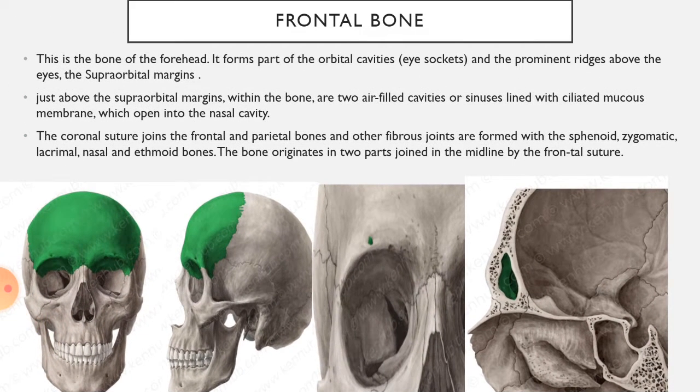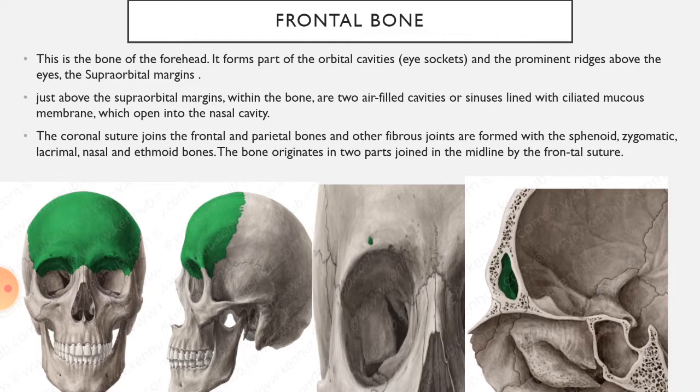Another important point is that the frontal bone forms other fibrous joints as well, with the sphenoid, zygomatic, lacrimal, nasal and ethmoid bones. When they join, they form sutures, and we name them according to the bones joined.